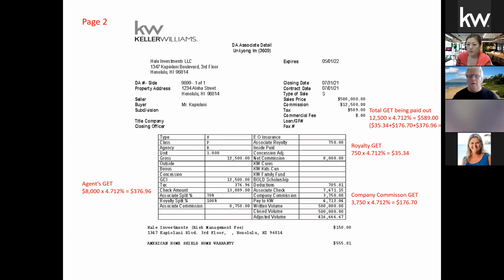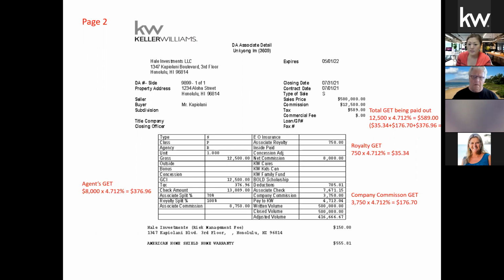Now, if you go down to the middle portion of the DA, you're going to see GCI 12,500. You're going to look at tax, and it shows 376.96. It's different from the total tax above.